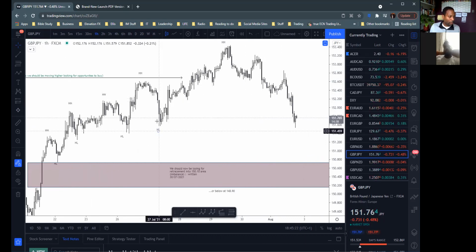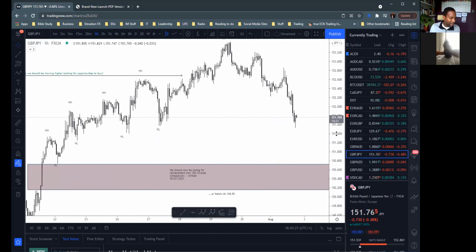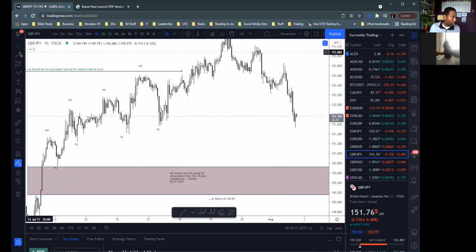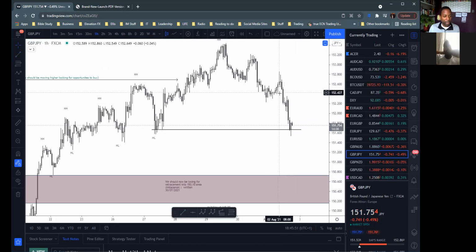All right. Well, look, at the point where it has broken this structure, which is kind of happening now, right? I'm good for now, but as soon as I see a close below here, let's just see if that's happened yet. I'm going to go right to the body. So this is a perfect example. I can be in this trade, expecting the price to go higher, and have made a mistake and the price has gone lower.